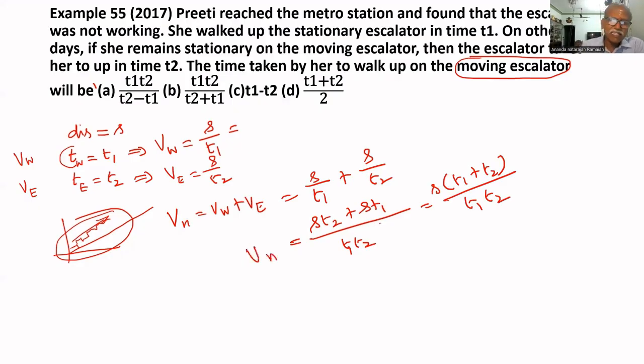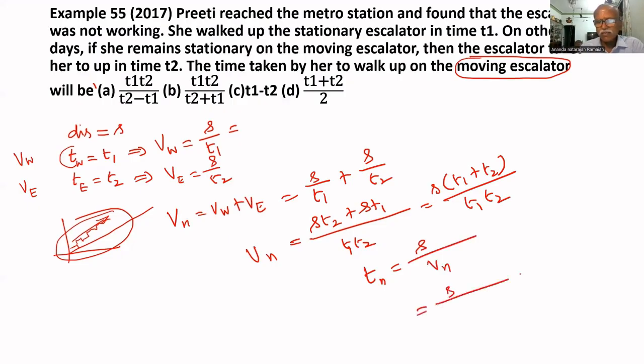The escalator is moving and she is walking on the moving escalator, so new velocity. Now what is the time? The time taken by her to walk up on the moving escalator equals distance divided by new velocity, the combined velocity.